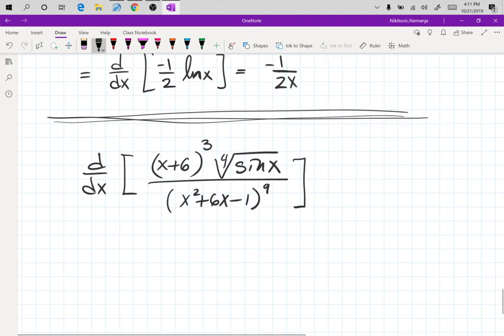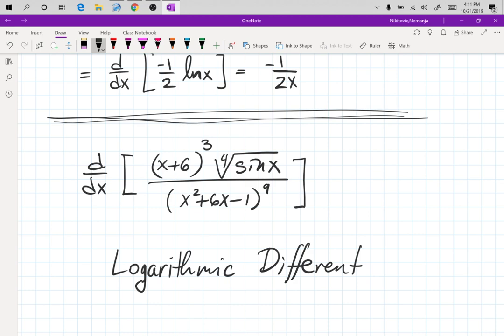So we are about to learn something that is called logarithmic differentiation. My personal favorite.